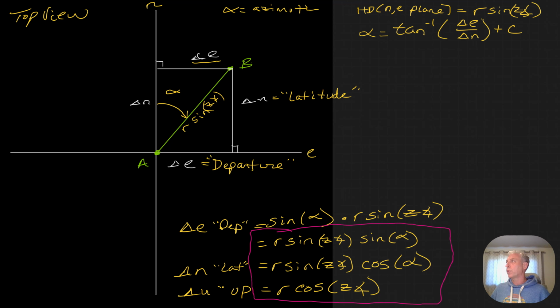That would be either 360 or 180 or 0. And then we have the zenith angle is equal to the arc cosine of the change in the up value over r.